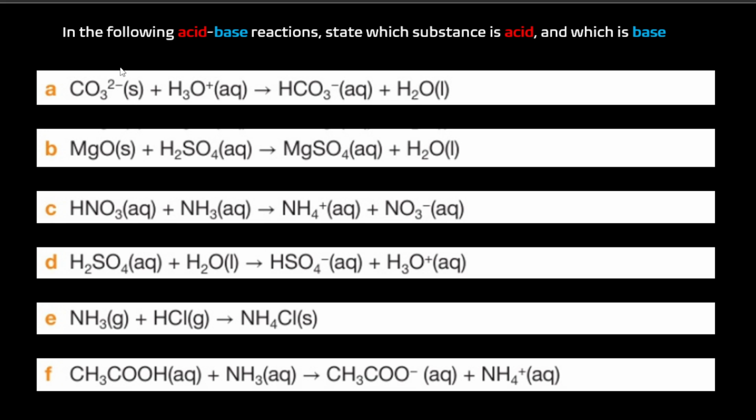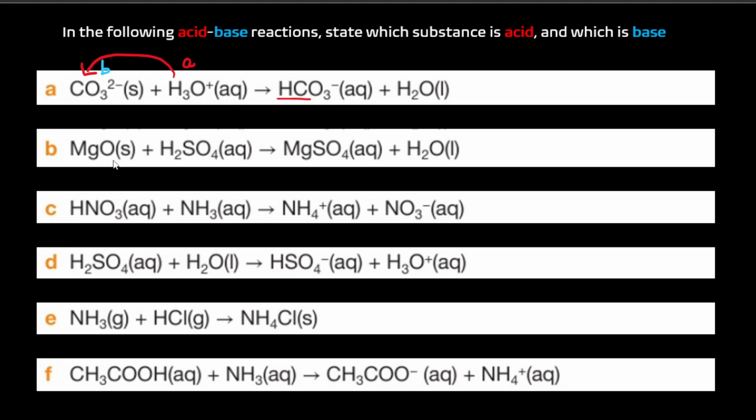In the first equation, carbonate ion plus hydroxonium ion, we get a bicarbonate and water. H3O plus, the hydroxonium ion, is an acid because it donated one hydrogen ion to CO3 2 minus, and that's why it became this. CO3 2 minus is a base because it accepted one hydrogen ion or proton from H3O plus.